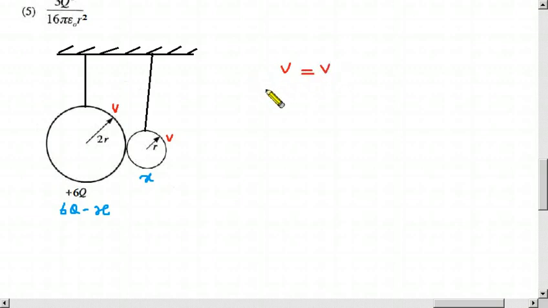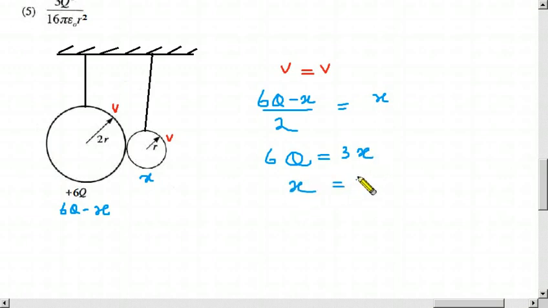So let us write the equation for V. 6q minus x divided by 2 equals x divided by r. The r cancels. 2x plus x, 3x. x equals 2q.